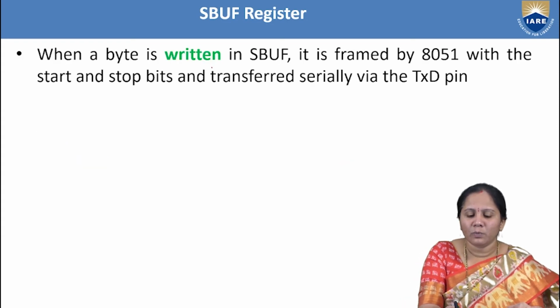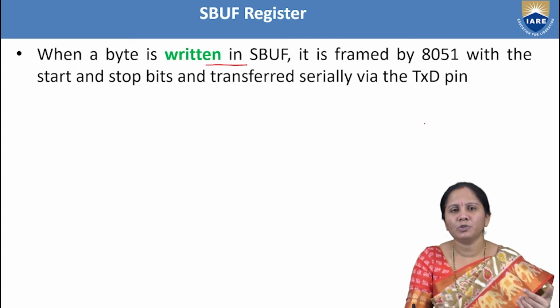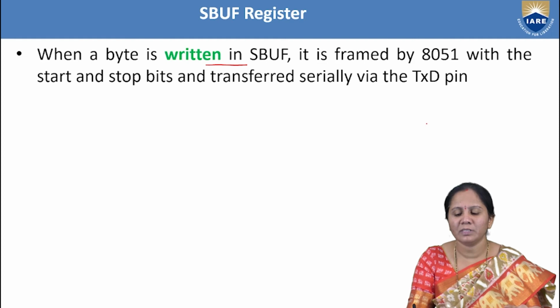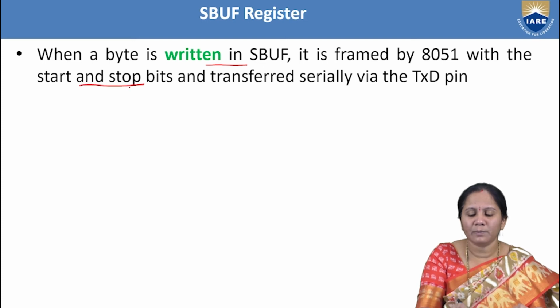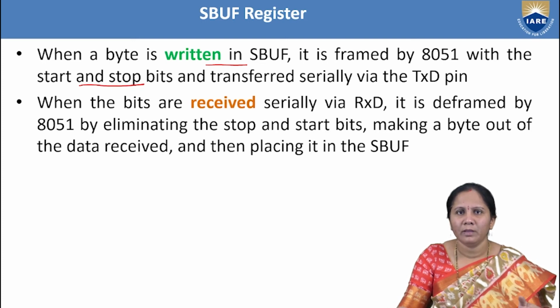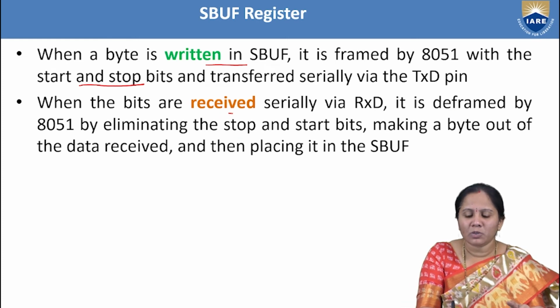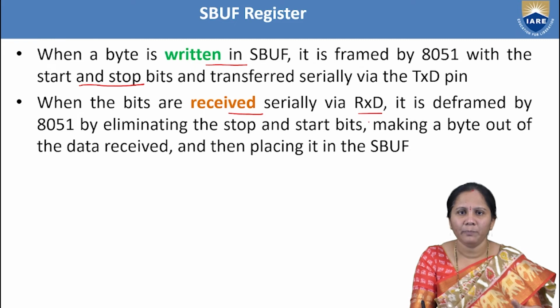When a byte is written into the SBUF register, that is, when we store data in it, we add the start bit and stop bit to the original data at the transmitter side. When the bits are received through the RxD pin at the receiver end, the data should again be stored in the SBUF register.